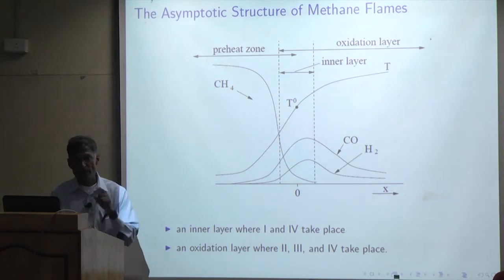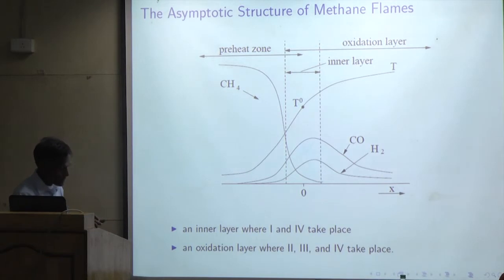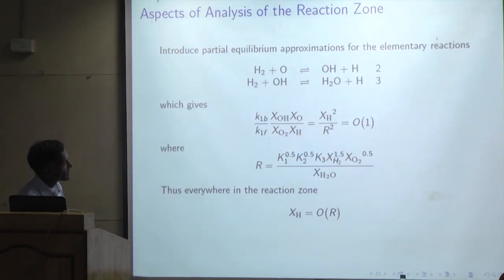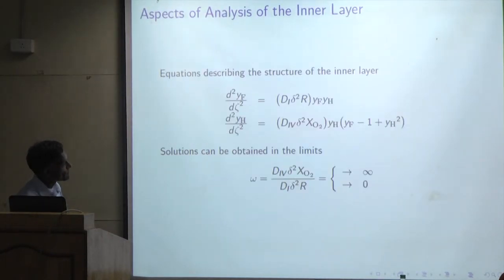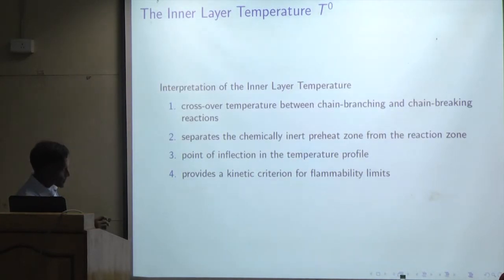You look where it's 0, and that's where the inner layer temperature is. Again, that's a fundamental property of the system. So it separates the chemically inert preheat zone from the reaction zone, at the point of inflection of the temperature profile.